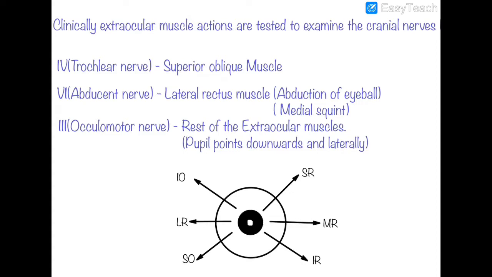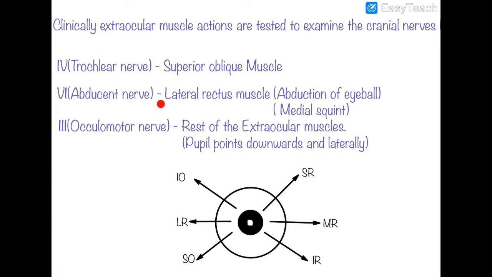Clinically, the extraocular muscle actions are tested to examine the cranial nerves which supply these muscles. The main three cranial nerves involved are the fourth, the trochlear nerve, the sixth or the abducent nerve, and the third or the oculomotor nerve. The trochlear nerve supplies the superior oblique muscle.